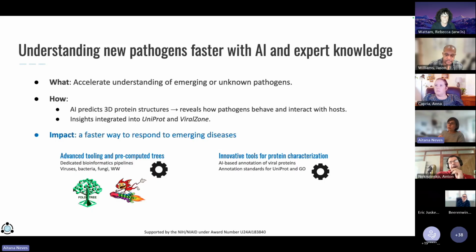Also, using these novel developments in AI to be able to build trees that are based on structural homology rather than sequence homology. This is something that will be developed further within the new consortium, and the pre-computed trees will also be made available.